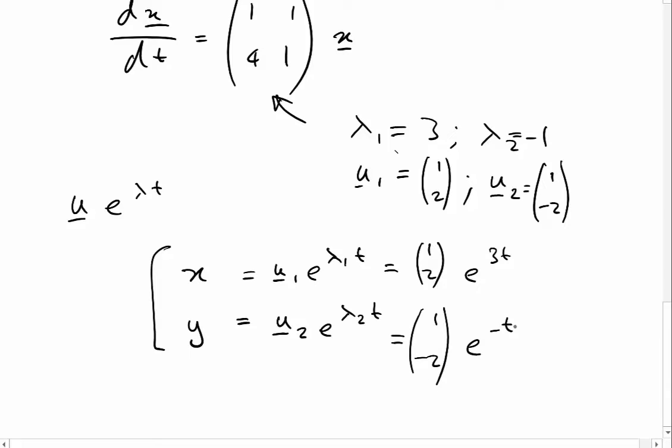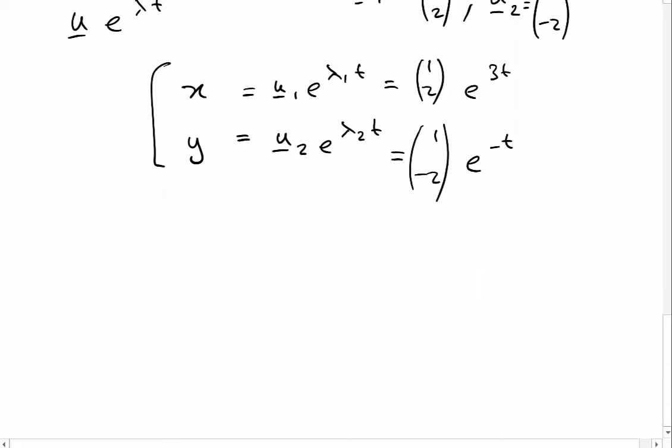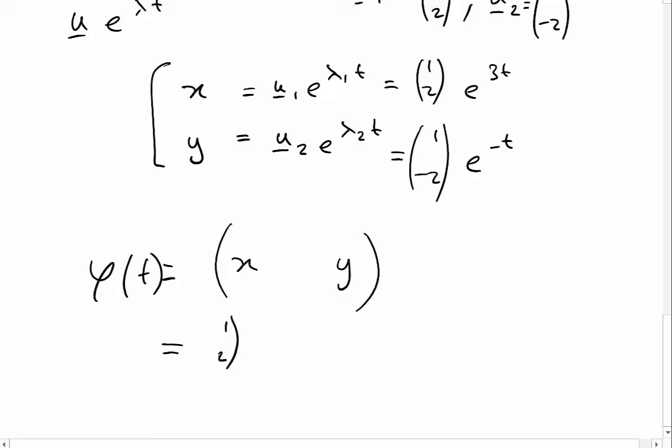Now when I form a fundamental matrix of this, my fundamental matrix, phi of t, will be made of this x and this y, my fundamental solutions. So what will it be? It'll be (1, 2) e to the 3t, and (1, minus 2) e to the minus t.